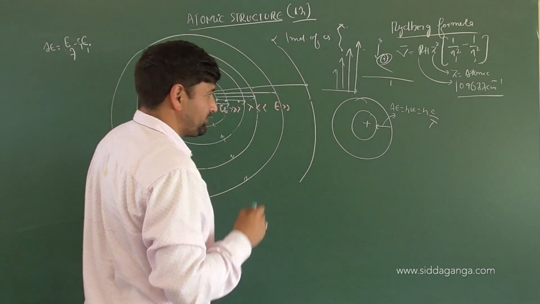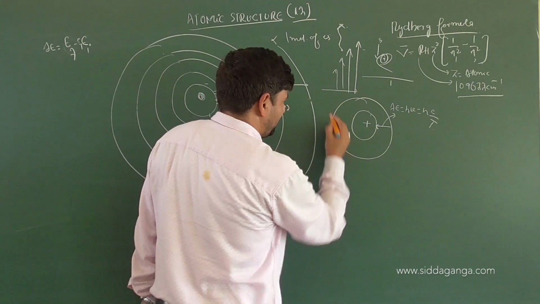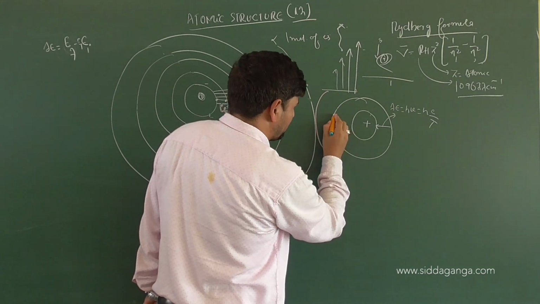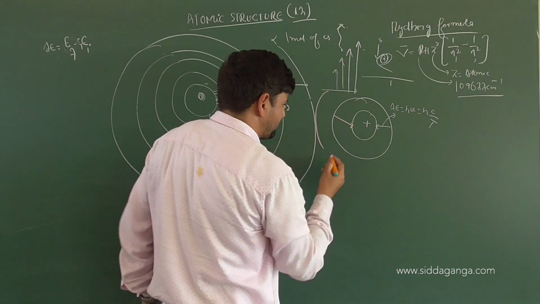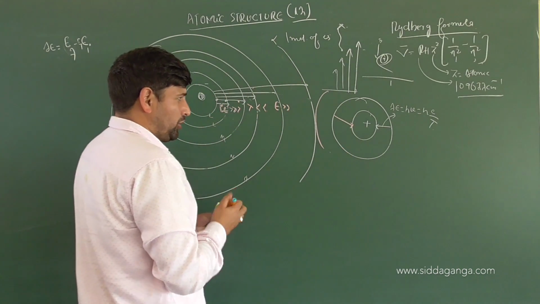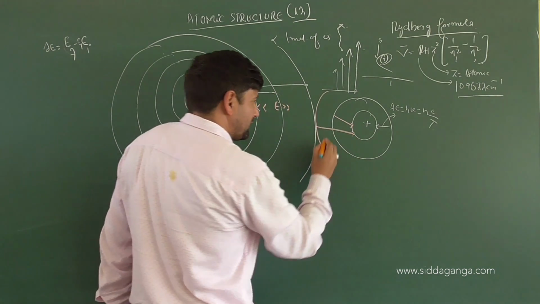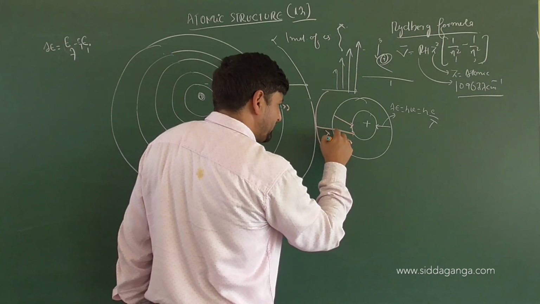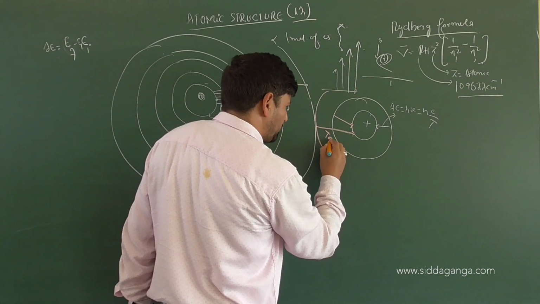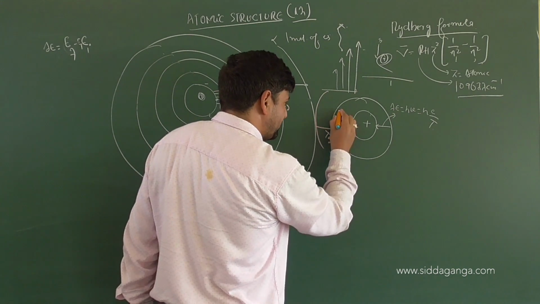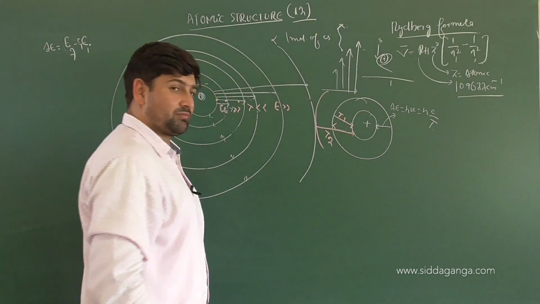What I mean to say is, when the electron comes back from the second energy level to the ground level, or from the third energy level to the ground level, the wavelength of this one, suppose I say wavelength 2, will definitely be less than that of wavelength 1.